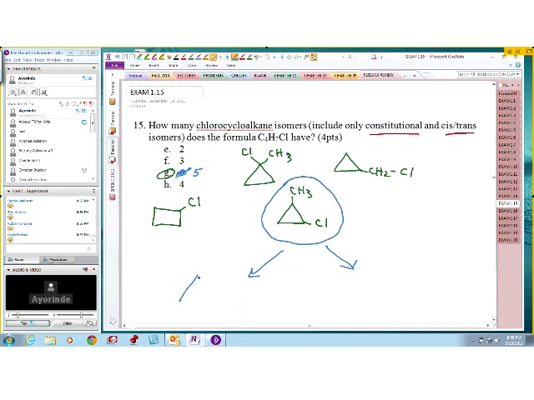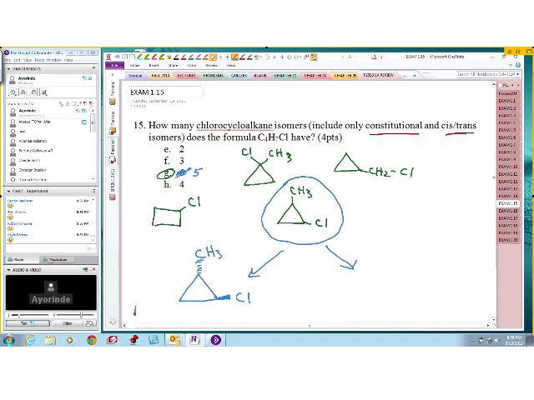In this case, this methyl could be going away from you, and the chlorine could be coming at you. This becomes a trans isomer.